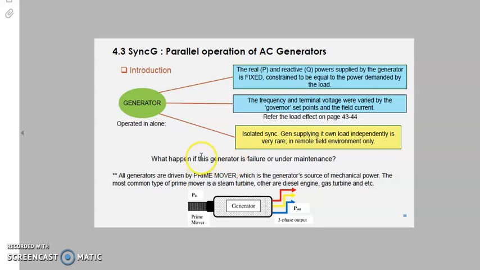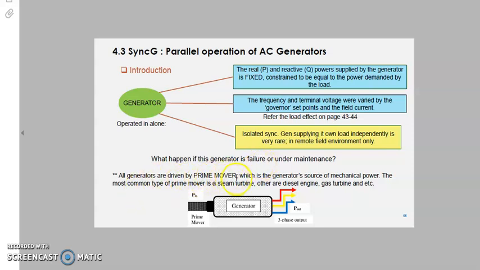Because what happens if some of the generators need periodic maintenance? Maybe after 13 years you need to shut down and service. So if you have only one generator, it's a problem. If you have multiple generators, you can shut down a few of them and still operate from the other branch.